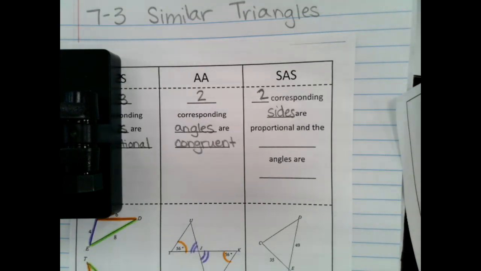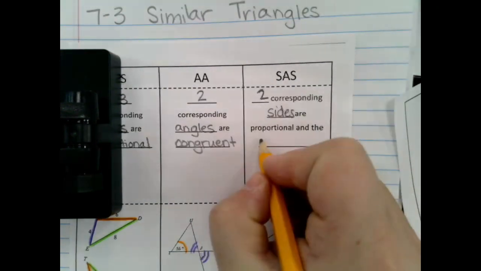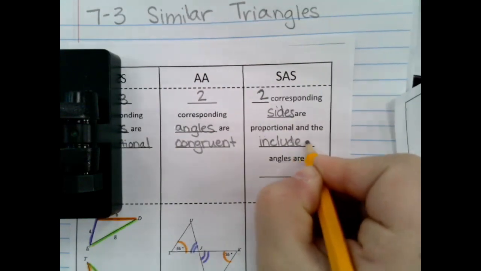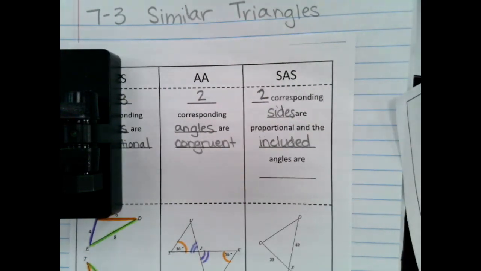Two corresponding sides are proportional. They have that word proportional written for us, which is nice. And the included angles are congruent.